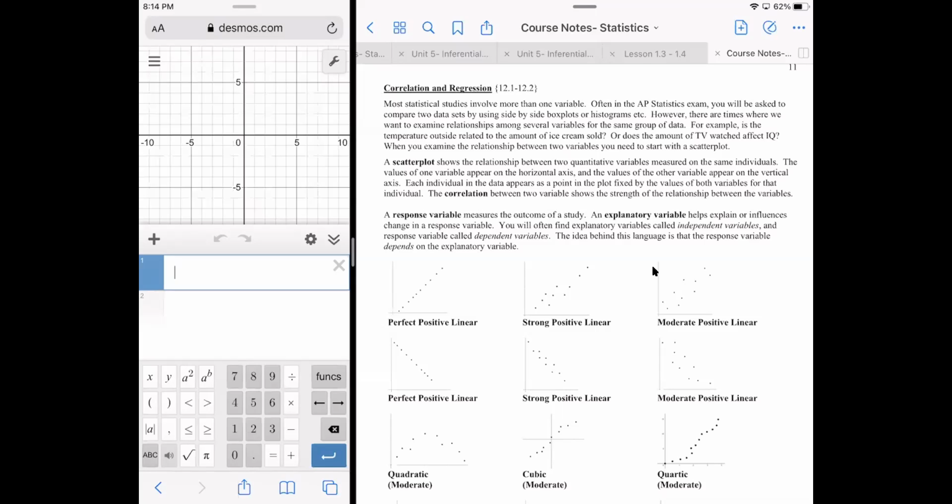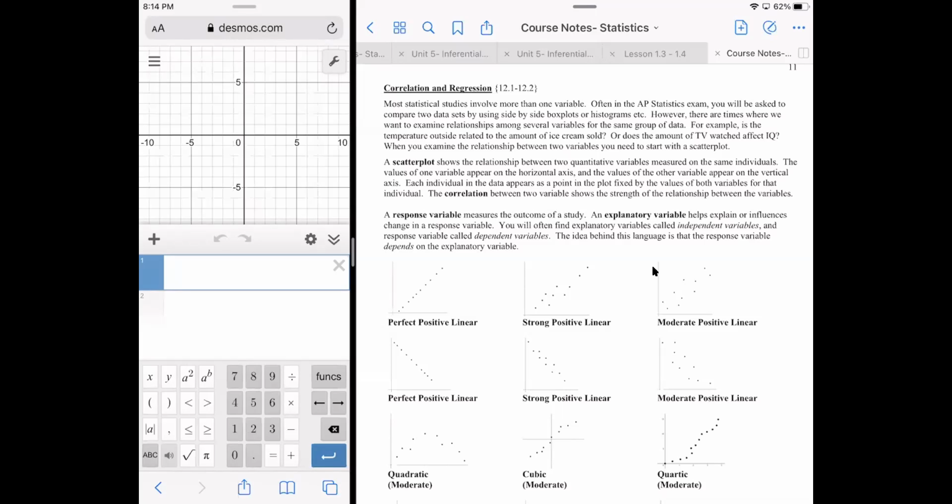Because if we plot data points, we can make a determination of whether there's a perfectly linear relationship, meaning in lockstep, as one increases, the other increases, and it's a predictable pattern. Sometimes it's a strong relationship where one generally increases as the other increases, but there's some fluctuation, and that's okay.